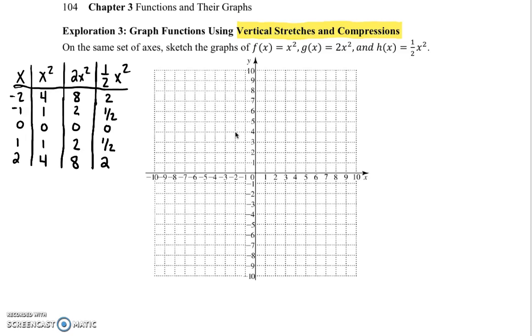So our basic x squared, when we plot the points, looks like this.